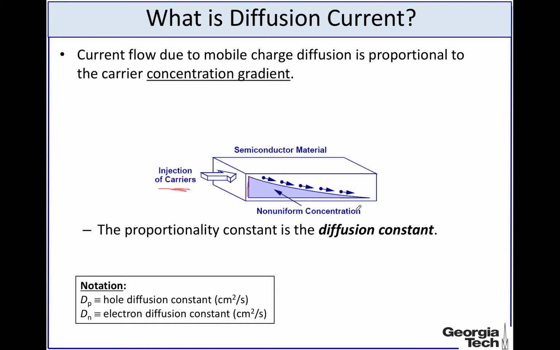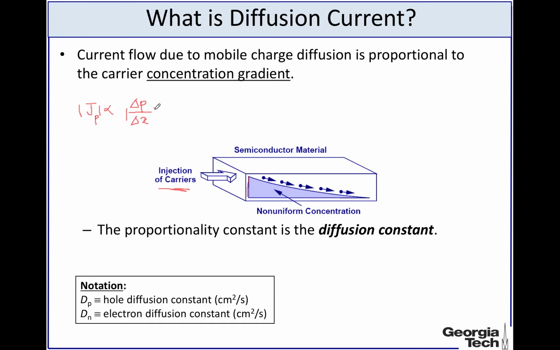The current that will flow is proportional to the gradient of the carriers. Say we are talking about p-type carriers, and for the sake of simplicity let's just consider the magnitude here. The current density due to the gradient in holes will be proportional to the gradient of holes. Say over a distance of x, the hole density decreases by an amount of delta p.